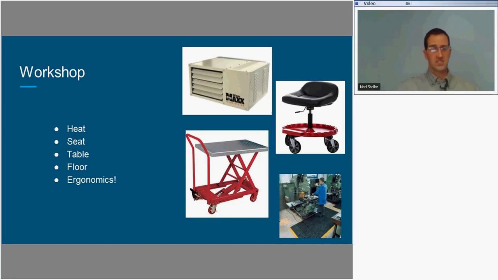Because if you've got a stack of hive bodies on that cart in your shop and you're working on them for some reason, you can simply pump that table up and down into a comfortable position. Or if you're working on something down low, sit on your stool, give your knees a break. You can see the floor cushions in the bottom right picture.